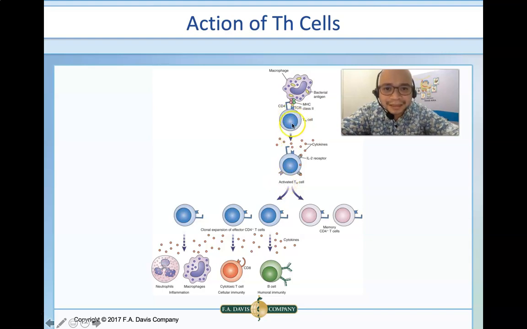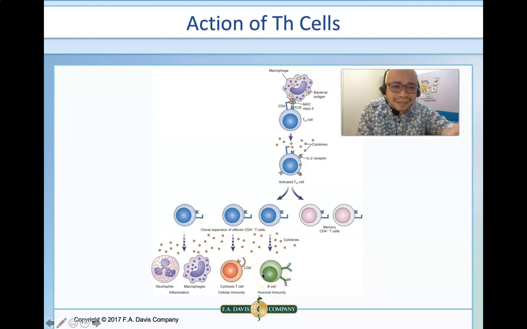So what will happen? Because of the presence of the cytokines, interleukin 2 in particular, the T helper cells will be activated. Some of the T helper cells will be activated as memory cells. Okay, so what will happen is that the CD4 T helper cell will activate B cell to become plasma cell.